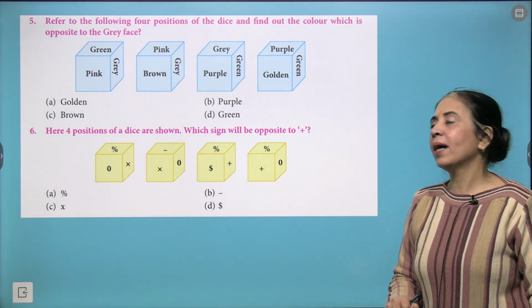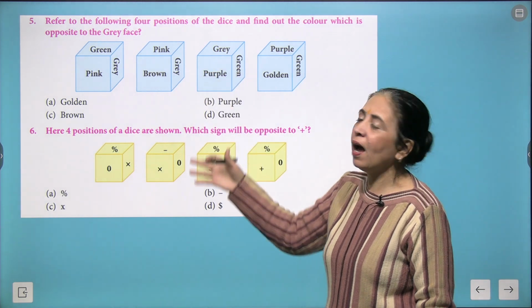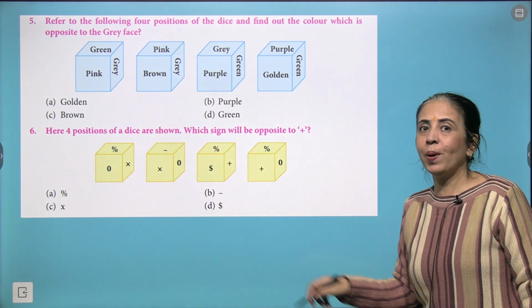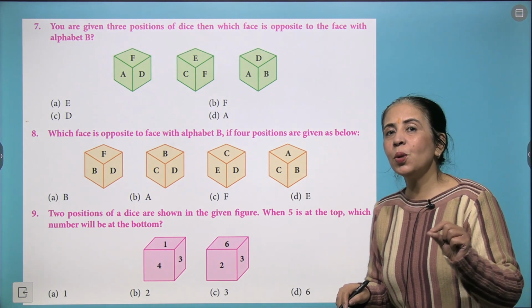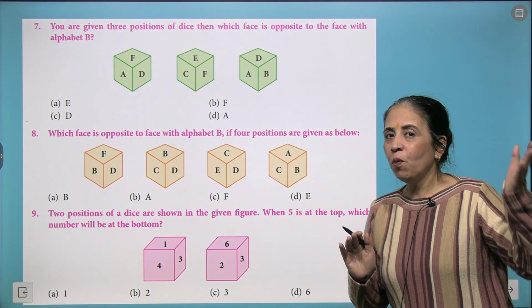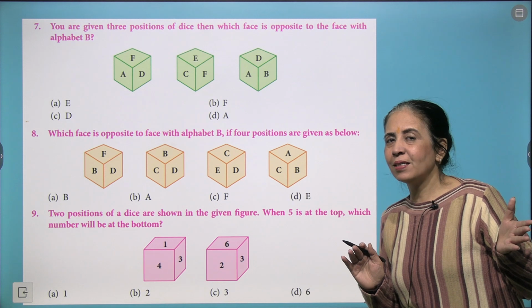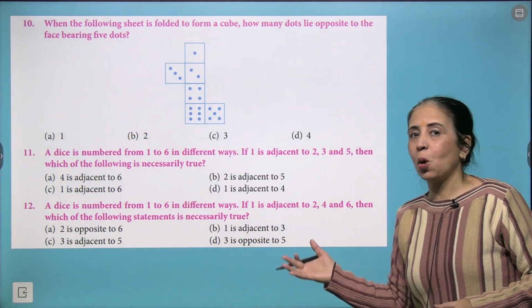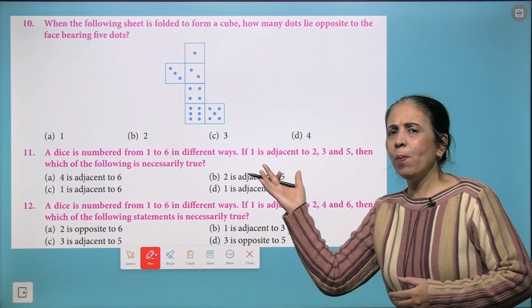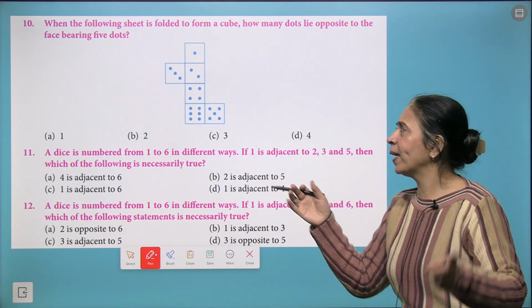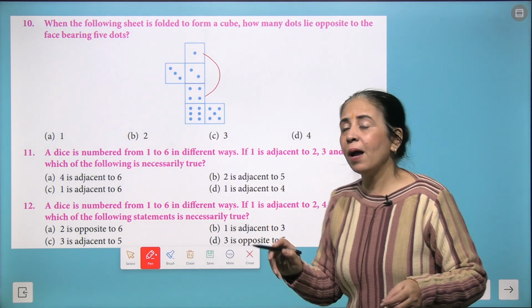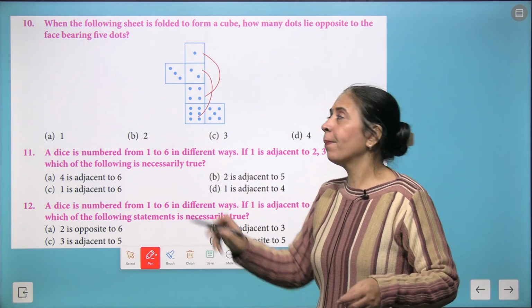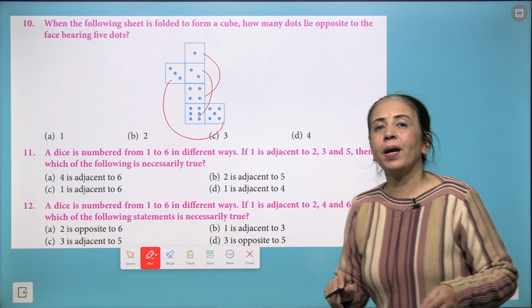Now let's look at more questions. We have already done these pattern of questions. So you just need to recall what all tricks and tips I have given and you will be promptly able to solve them. And when you have an open net, don't forget the quick trick. The first and third are pairs, second and fourth are pairs, and these two become the pair.